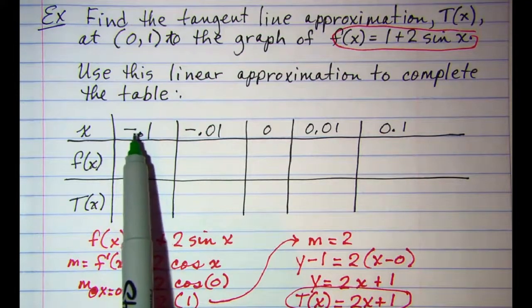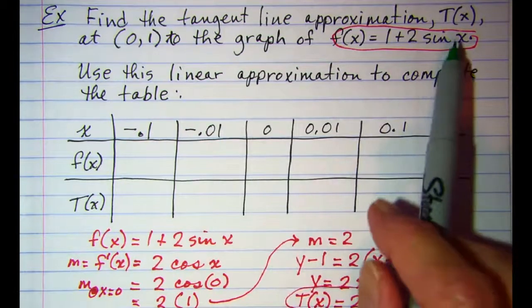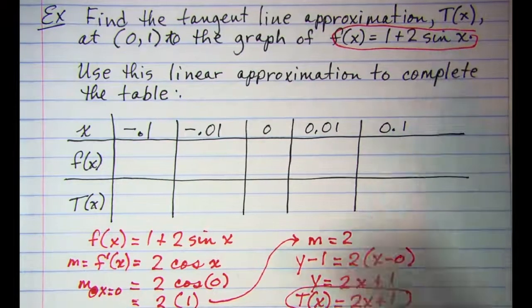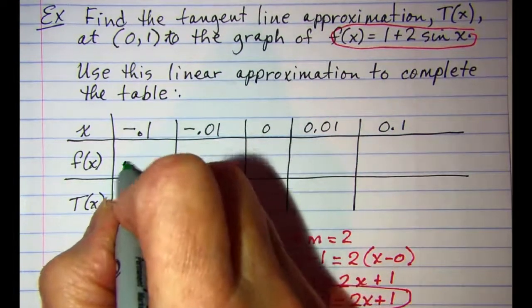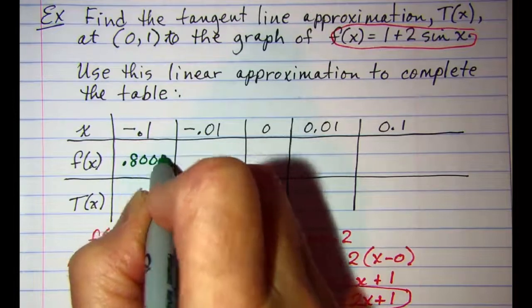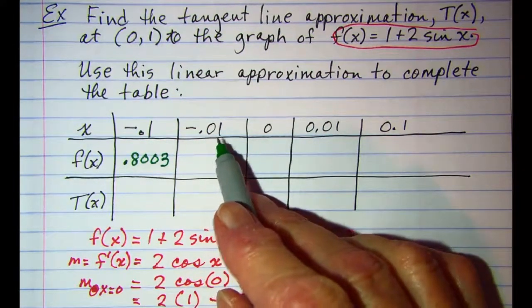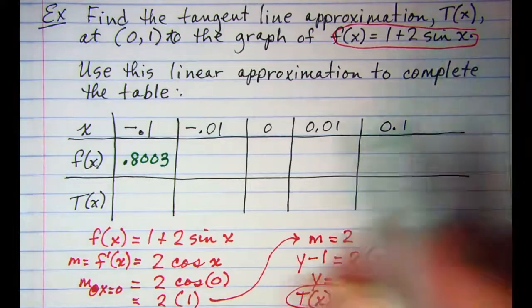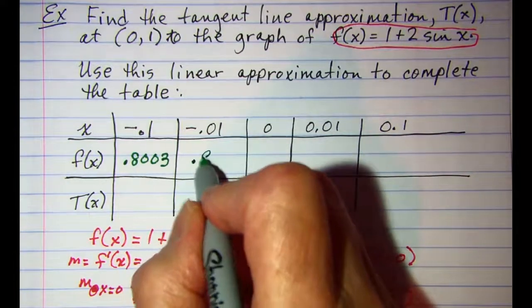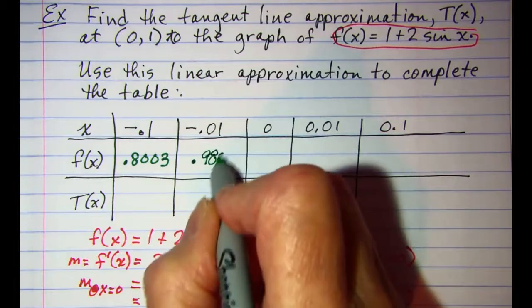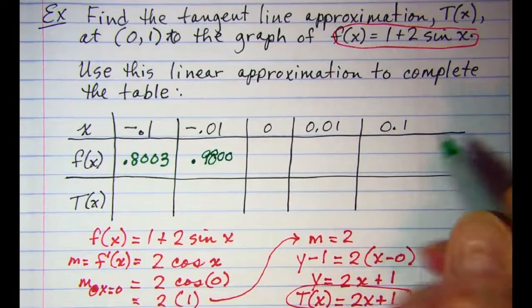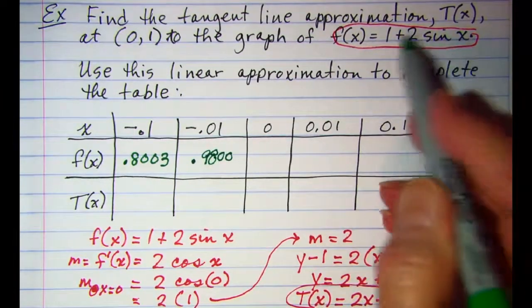When we put negative 0.1 into f of x, we get 0.8003. And when we put negative 0.01 into f of x, we get 0.9800. When we put 0 in, we get 1.